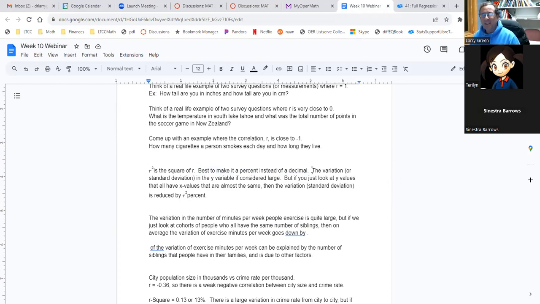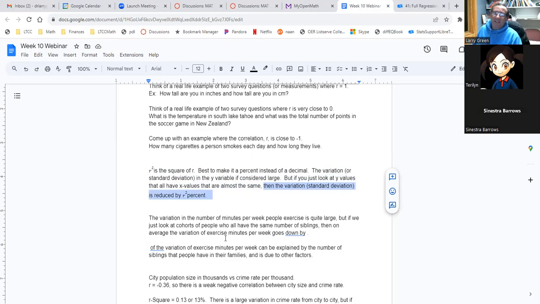The first thing is you kind of say, well, the variation in the Y variable is pretty big. But if you just look at Y values that have all X values that are almost the same, then the variation, and you can think about it as a standard deviation, is reduced by R squared percent. Okay.